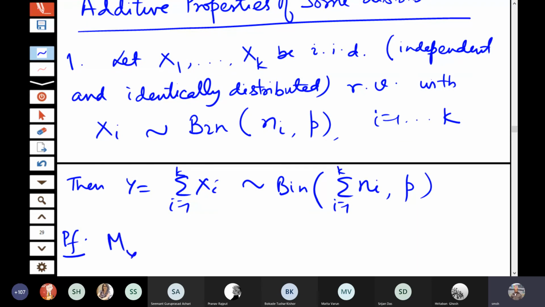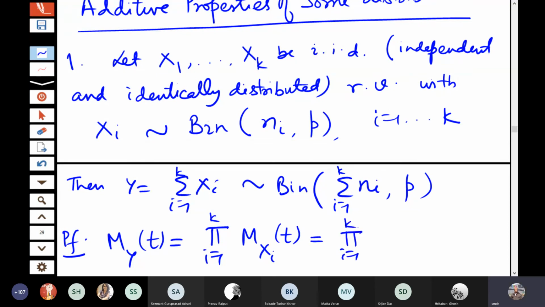If you consider the moment generating function of the sum, then by this result it is the product of the individual ones, product over i equal to 1 to k of (q plus p e to the power t) to the power ni. Since p and q are the same here, this exponent will get added up.